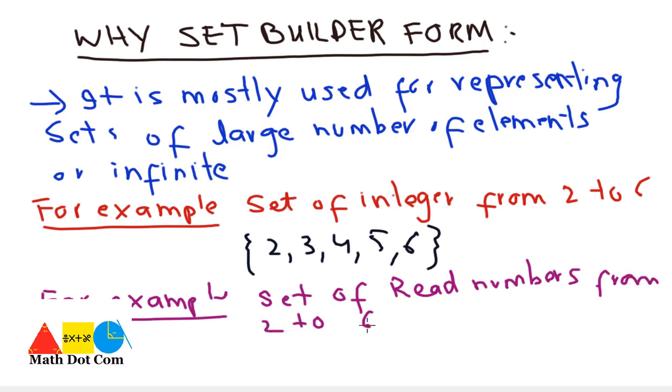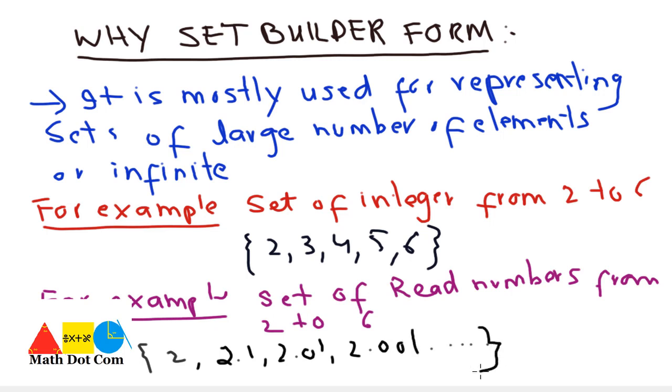Then how can you write that? Let's write it down as 2, 2.1, 2.01, 2.001, and so on.